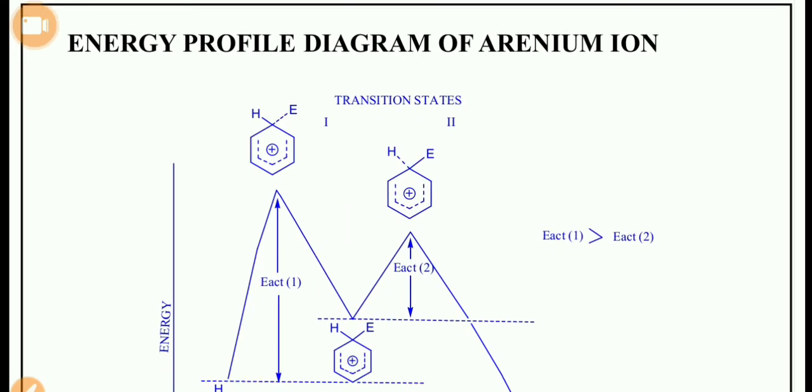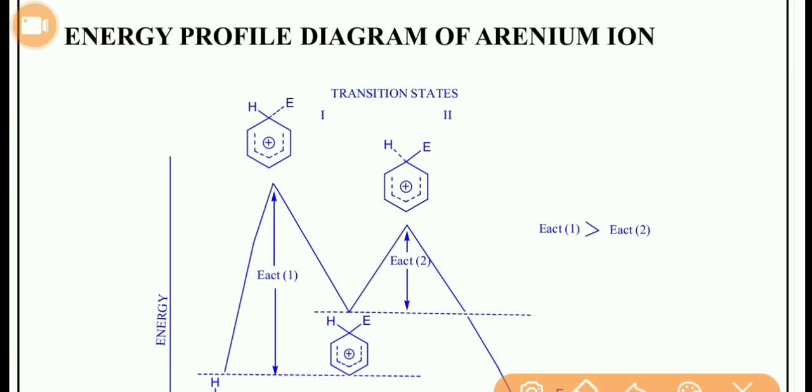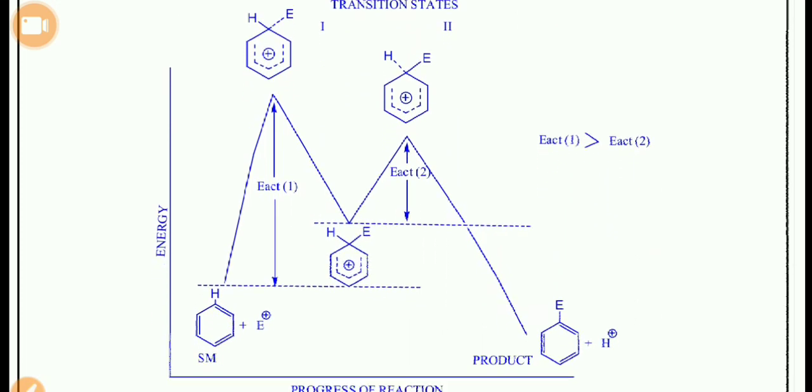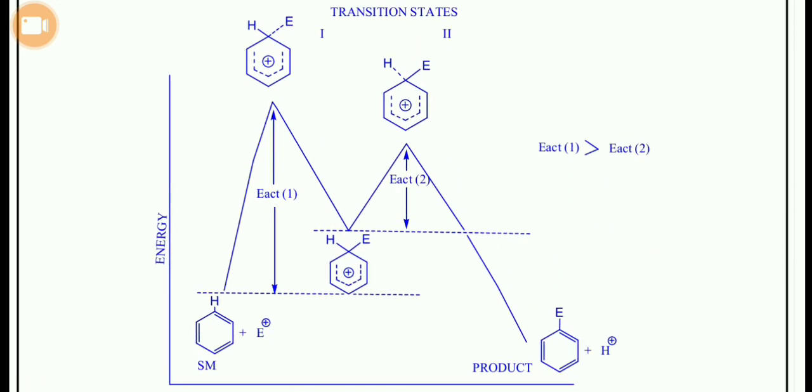We go further. Here we see the energy profile diagram of the arenium ion. Okay, so over here, this is the main compound attacked by the electrophile.